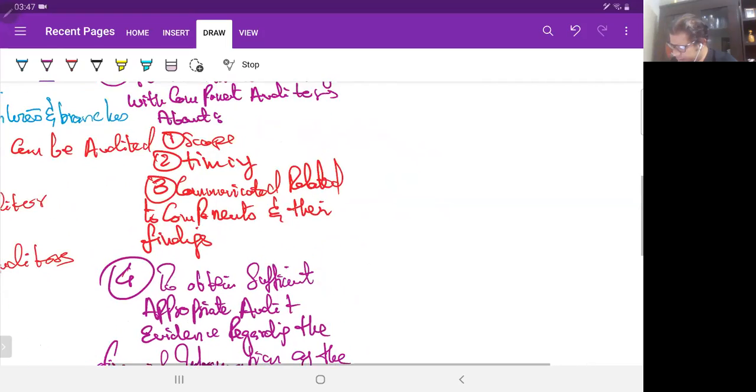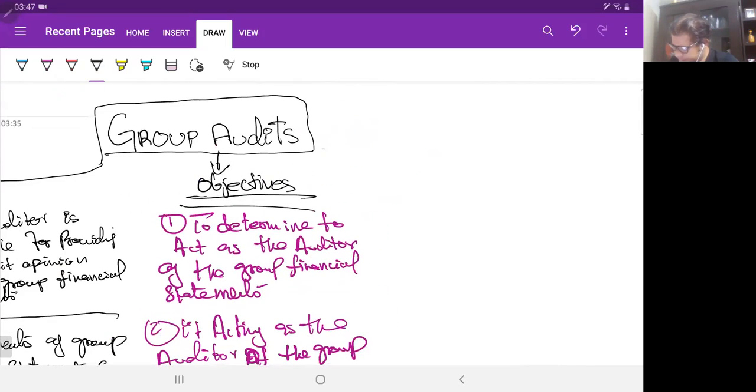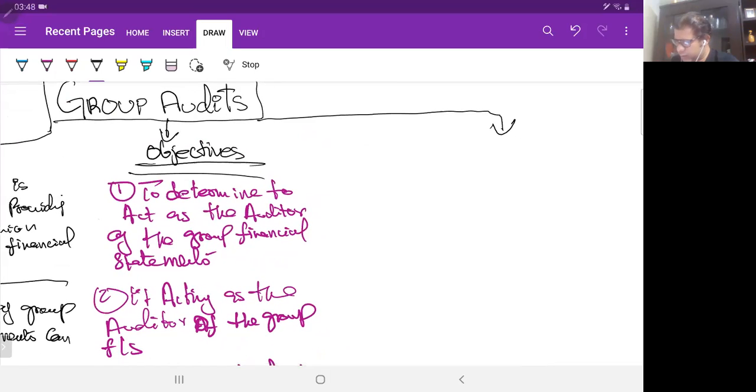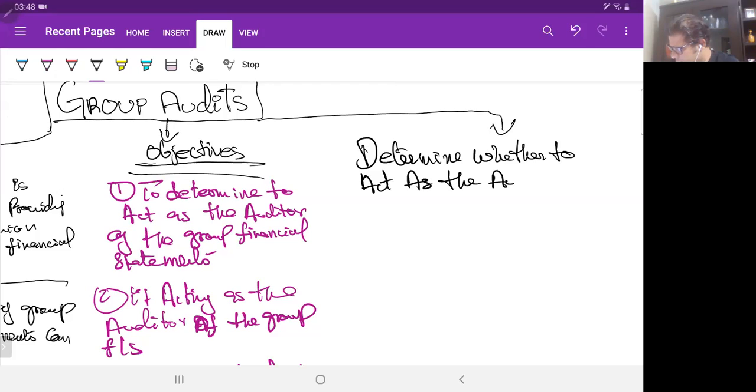Then we have to discuss another matter, which is to determine whether to act as the auditor of the group financial statements or not, right?